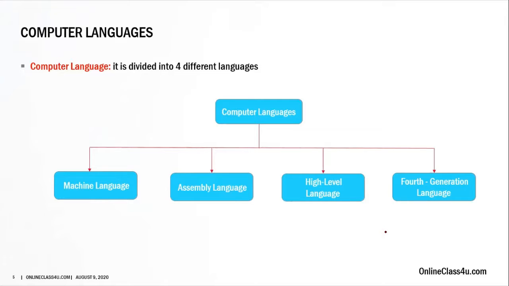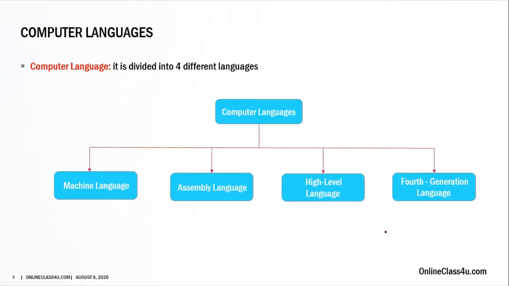Though we are writing the instructions in C, C++ or Java, these are programming languages. If you are writing programs through these languages, we need a translator through which the high-level language is translated to machine language, that is 0 and 1.